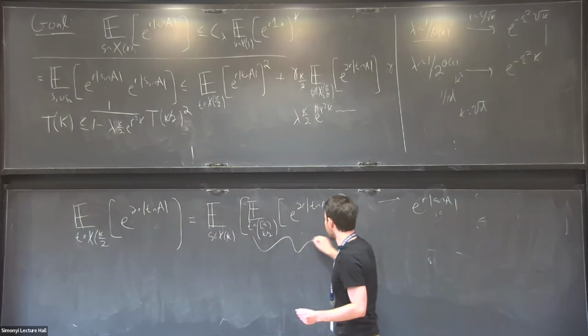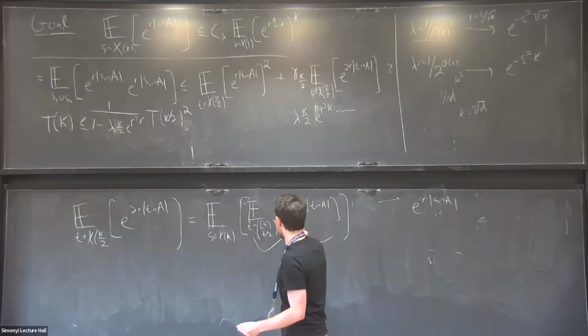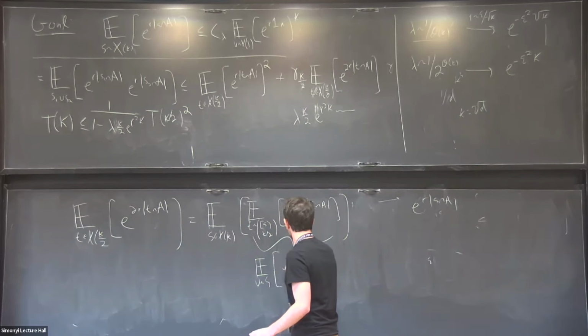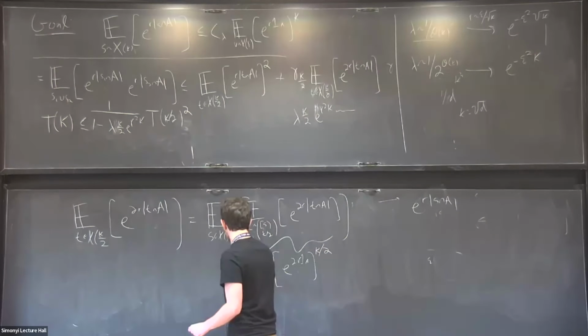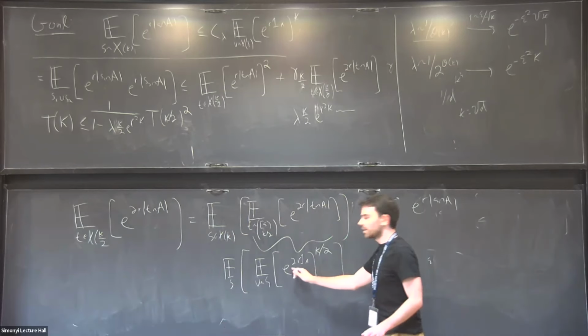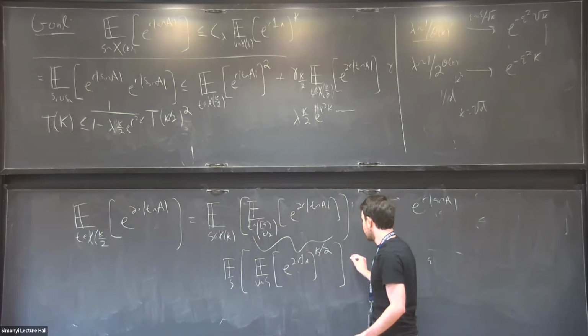Really, instead, I'll just apply negative correlation, and it's a little bit simpler than dealing with the distributions. So if I apply negative correlation, then this moves to the expectation over vertices in S of e to the 2r 1_A to the k over 2. This is still the expectation over S. And now I use e to the x is at most 1 plus x plus x squared.